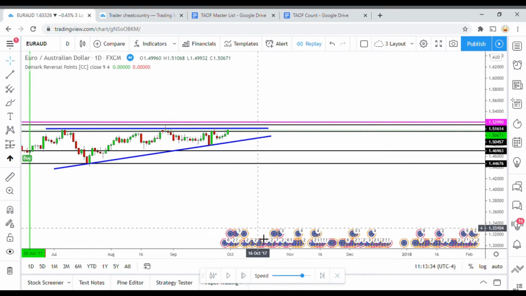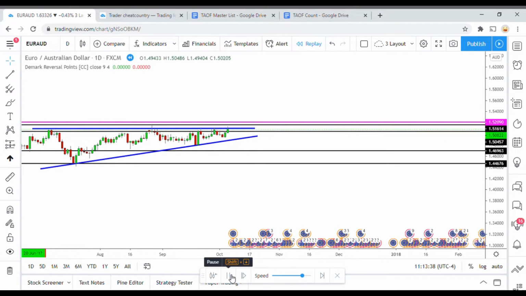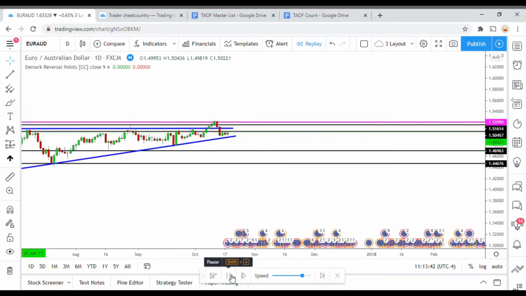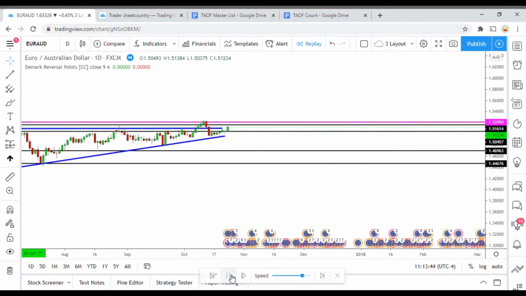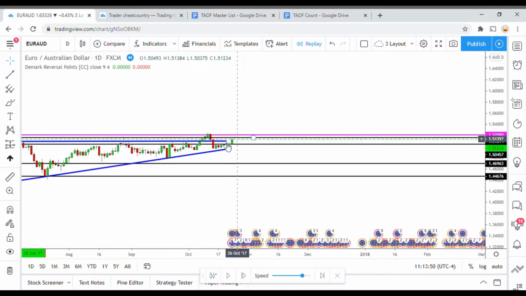And so marked off here in the purple just as an entry point. And it's come up, it would have hit our entry. And this is where things can get super risky because it came down, hit our entry point, and would have gotten us into the trade.